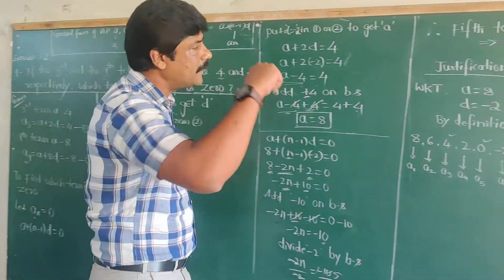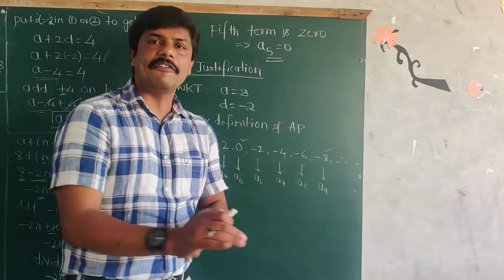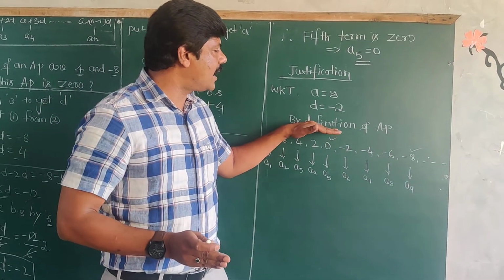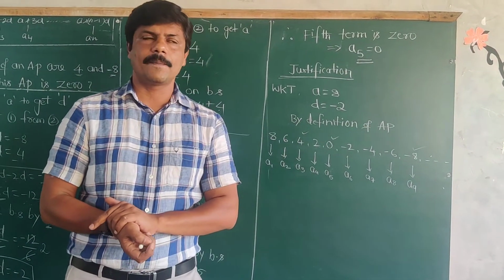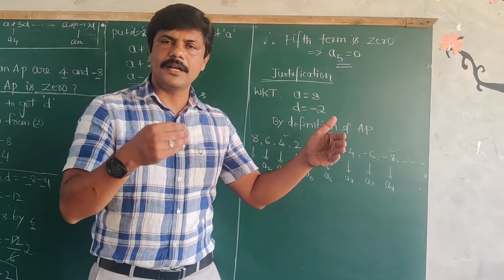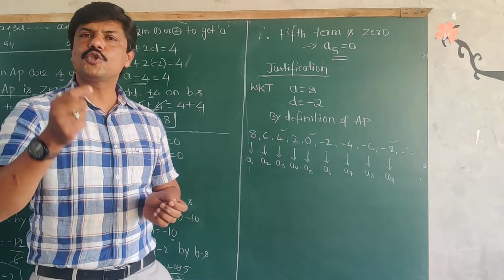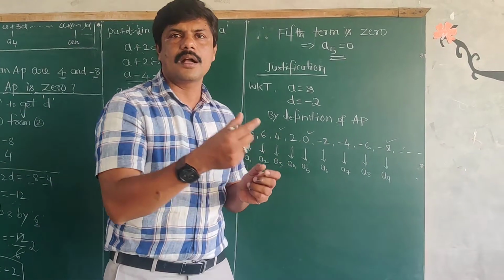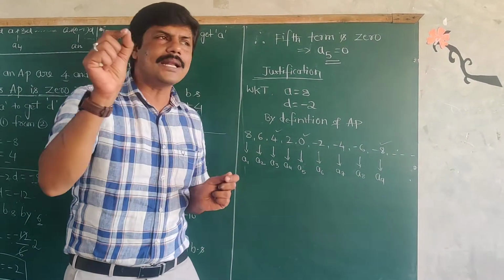Now we will see the justification. According to the definition, you know very well what the definition of an AP says: in a set of numbers there should be a constant between consecutive numbers. What is that constant?